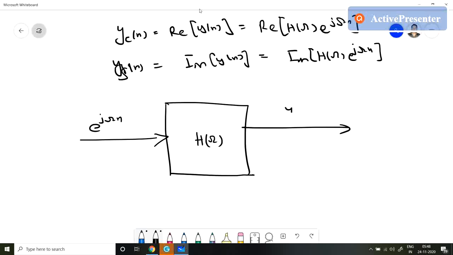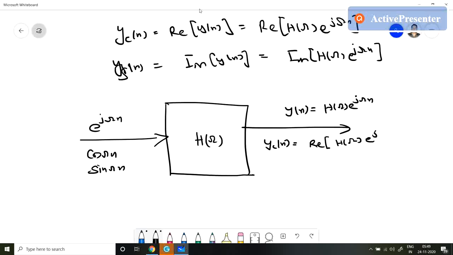The output y(n) is equal to H(Ω) e raised to the power jΩn. Then for cos Ωn and sin Ωn, we get y_c(n) equal to the real part of H(Ω) e raised to the power jΩn, and y_s(n) is the imaginary part of H(Ω) e raised to the power jΩn.